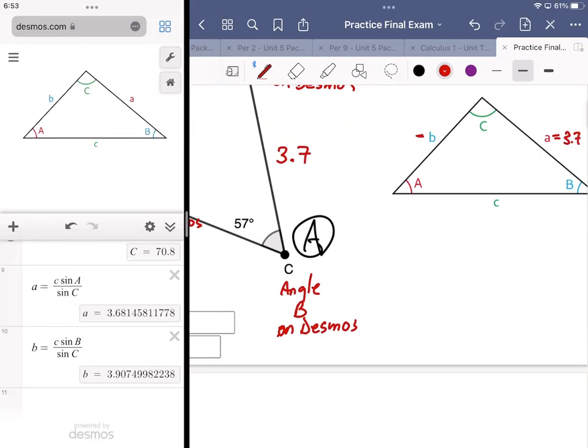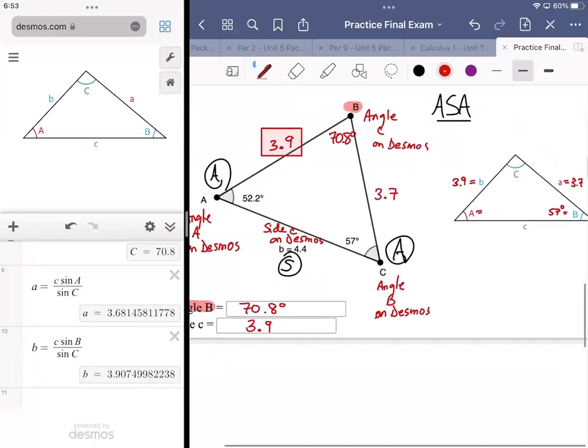This side is 3.9. We already knew that this one was 57 degrees. We already knew that this one was 52.2 degrees. And this one would be 70.8 degrees. And this one we were given is 4.4. So it's just a matter of matching that up with the triangle that they gave us on paper.